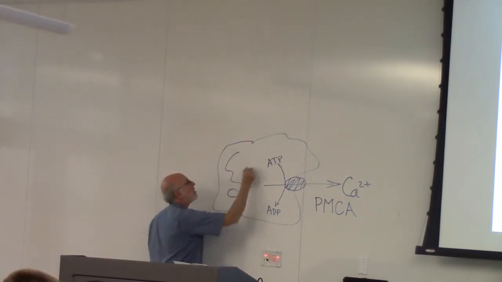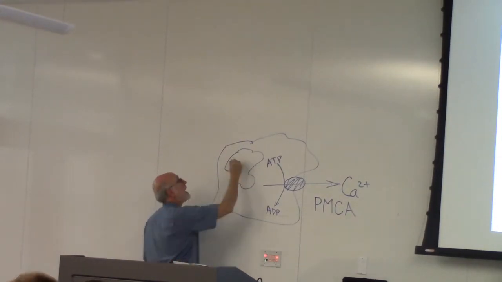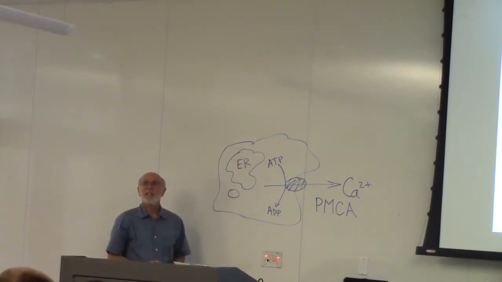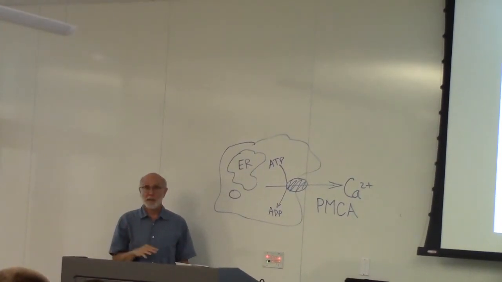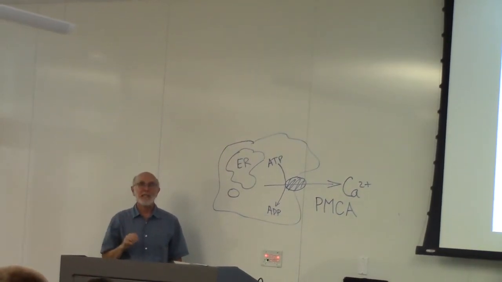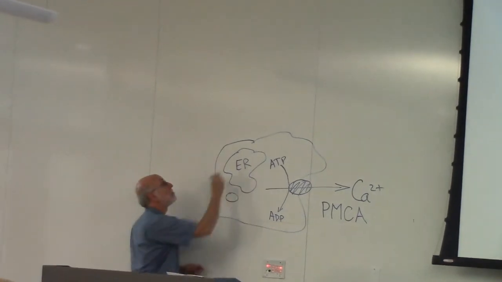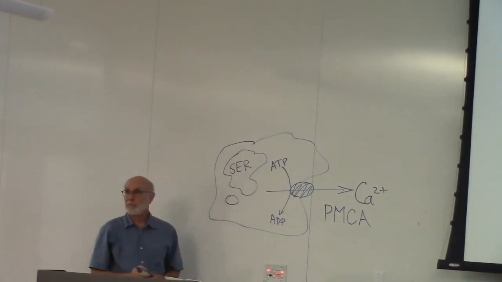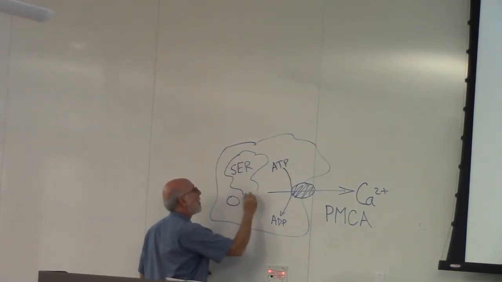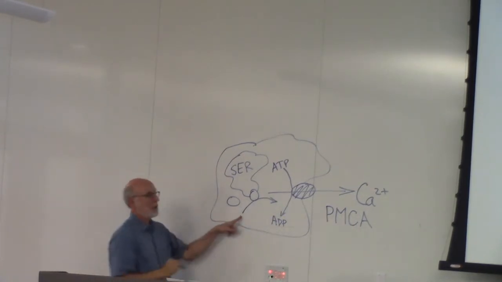All of the cells that we're going to be talking about have an endoplasmic reticulum. And we're specifically talking about the smooth endoplasmic reticulum now, not the rough ER. So we're not talking about protein synthesis and ribosomes on the rough ER. We're talking about the smooth ER. So what goes here?